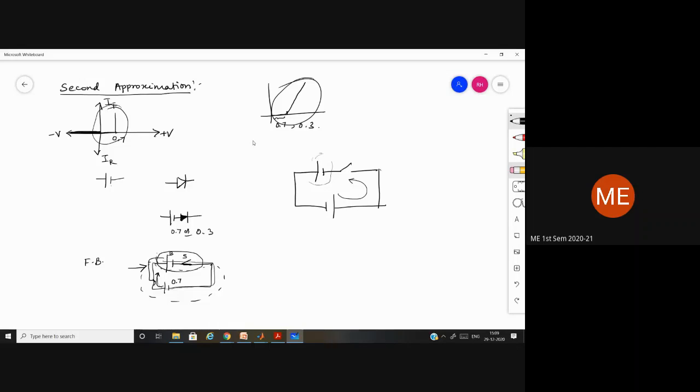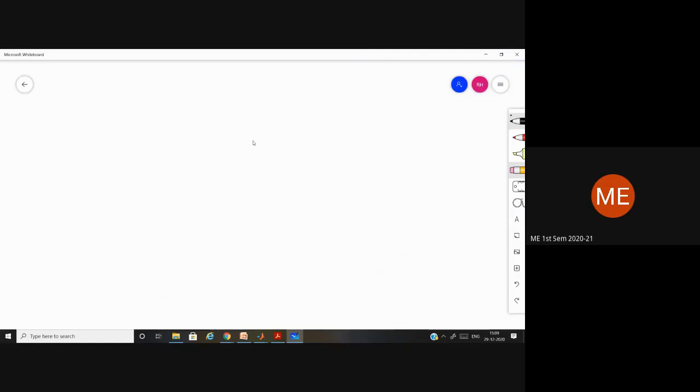So again, this failed. Then next, the third approximation came into the picture. This is known as the third approximation, or also as piecewise linear characteristics.